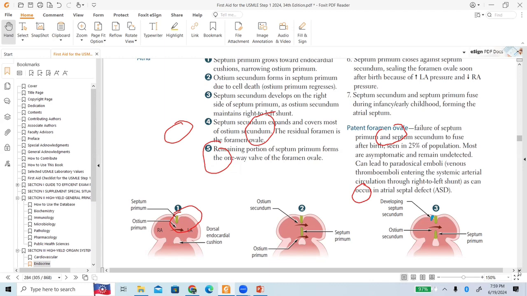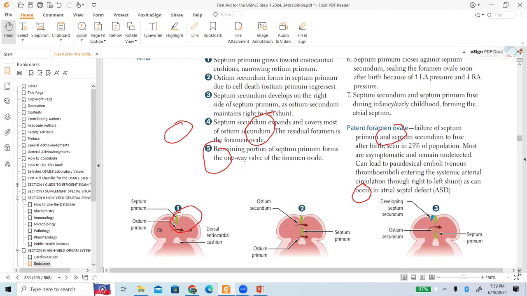It may confuse you with the atrial septal defect. You have to differentiate the atrial septal defect from the patent foramen ovale. If the septum secundum and the septum primum don't fuse, it will lead to the patent foramen ovale.